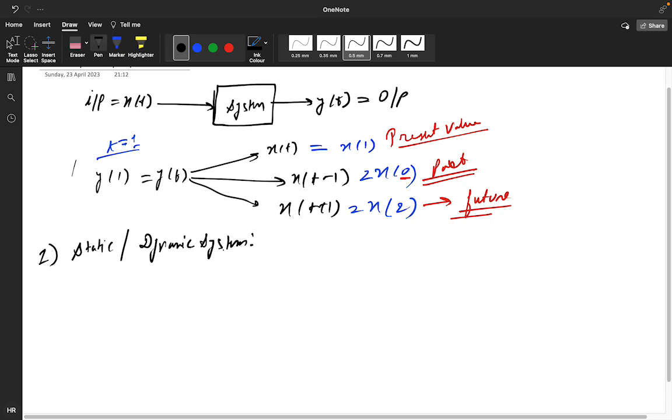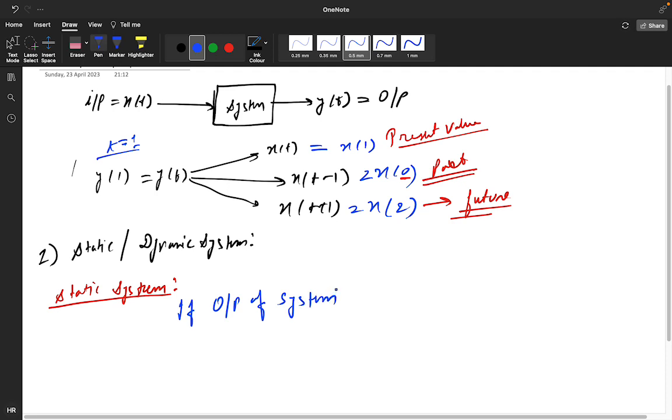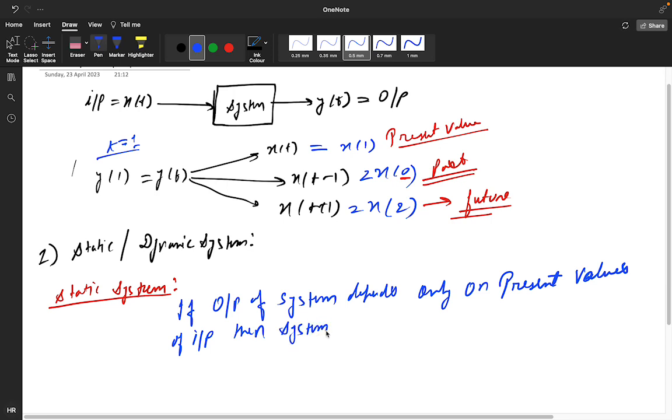So what is the meaning of a static system? If the output of the system depends only on present values of input, then the system is called static.